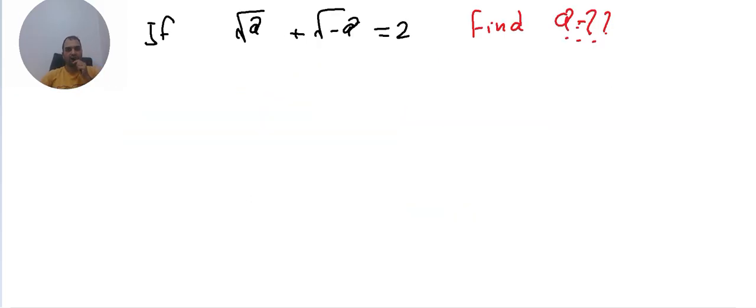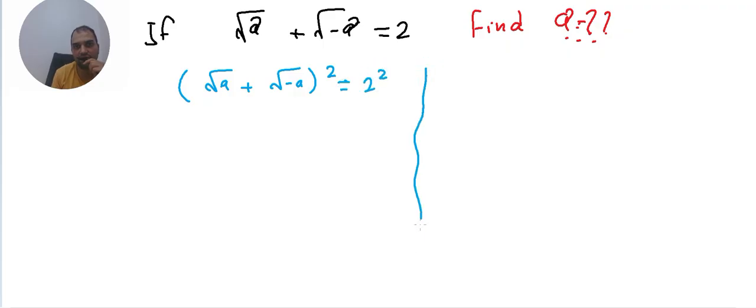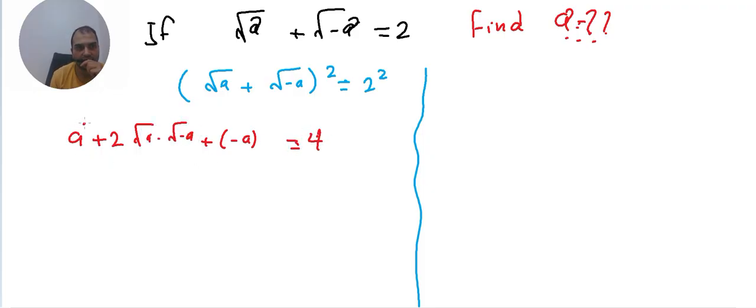Okay, next question now. We have square root of a plus square root of negative a equal to 2. Find the value of a. First step, you can square both the left hand side and right hand side. Square root of a plus square root of negative a, all squared, equals 2 squared. Then expanding, first the square of root a will be a, and the square of root of negative a will be negative a, and the middle term will be 2 times square root of a times square root of negative a, and 2 squared is equivalent to 4. a minus a will be 0.